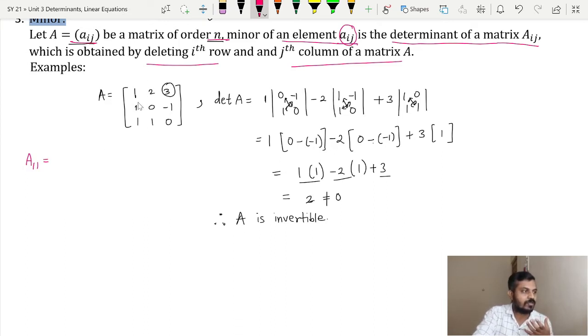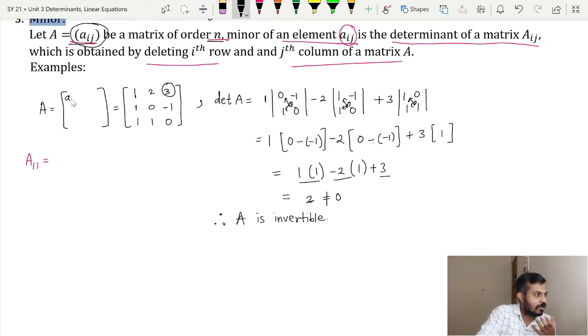Now in our case, what is the element A11? See, this matrix A can be written as, if I want to give some notation to these entries, somewhat like this, as given in the definition. So this is our A11 entry, this is our A12, and this is our A13 entry.